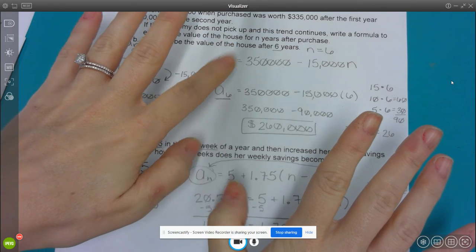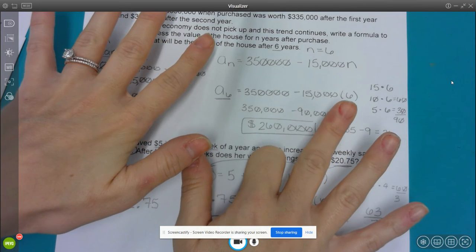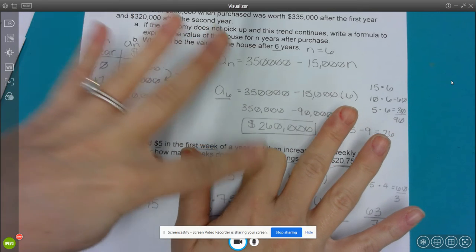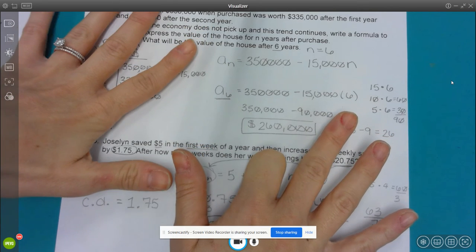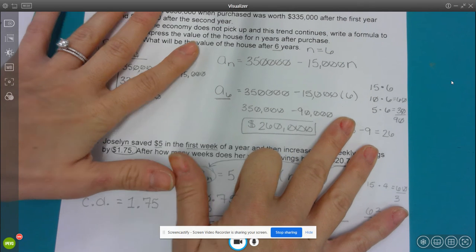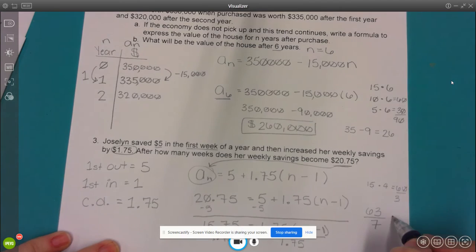So I know I need these fingers out for tens. I'm going to put down this finger, and then I have 1, 2, 3. So this is my 7th finger. So I know 9 times 7 is 63.